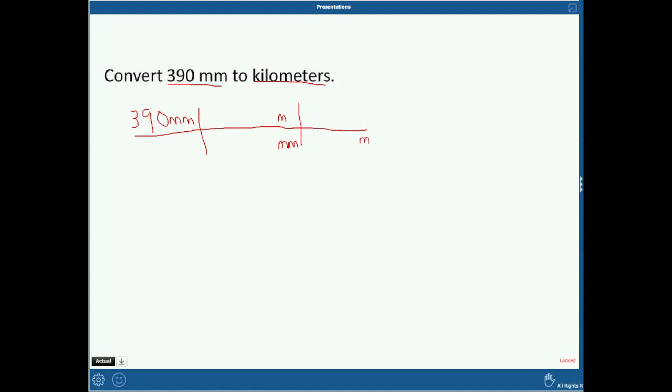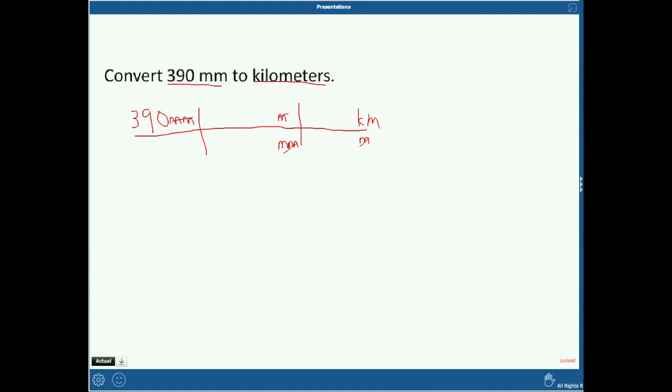I always like to do my units first, and then I go ahead and put my numbers in. That way I can make sure my units cross out correctly. Because if my units cross out correctly, I know that as long as I put the right numbers in the right spot, then I'll get the right answer. So I just like to make sure I have that part situated.